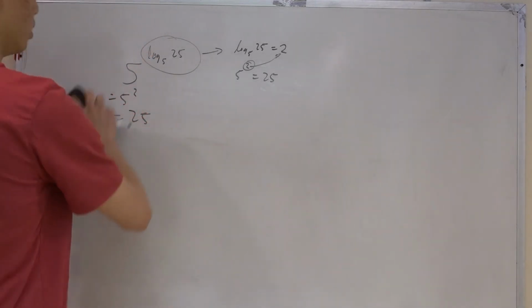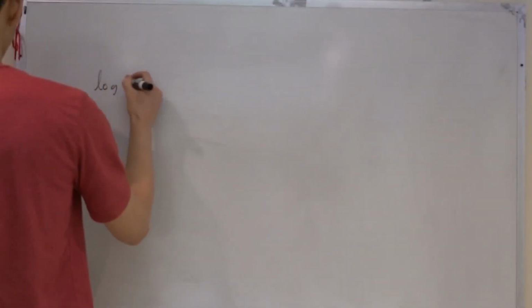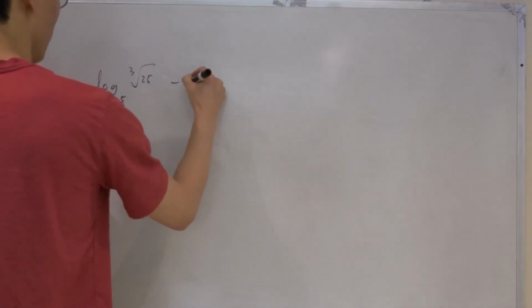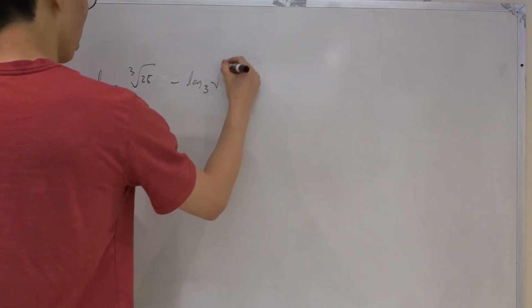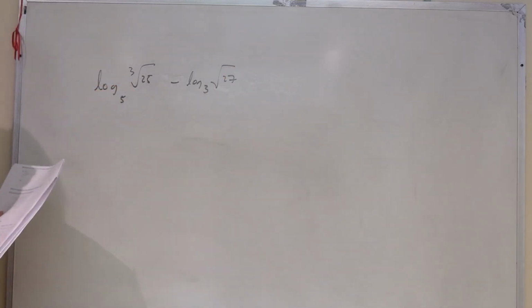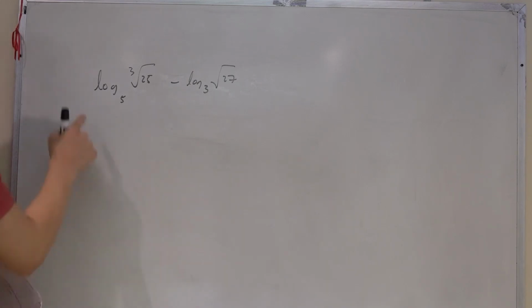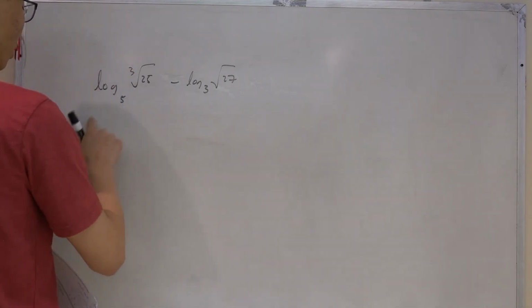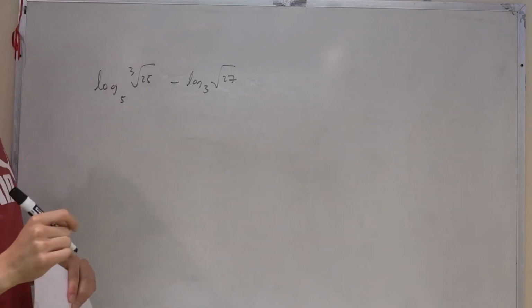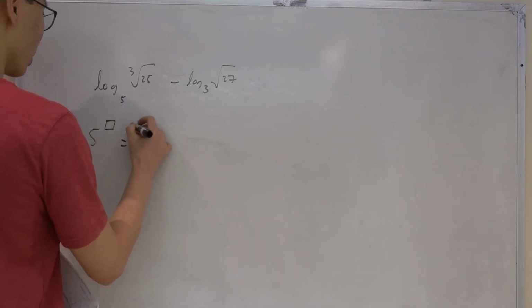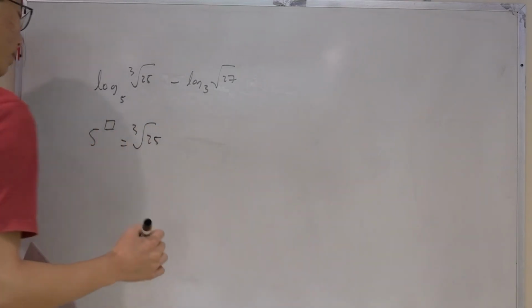Next, here we have a little trickier one: log base 5 of the cube root of 25 minus log base 3 of root 27. Okay. Now I want you to think about this one. So log base 5 of this thing, we want to write it in terms of 5 to the something, right? So we have to think 5 to the what gives me the cube root of 25.